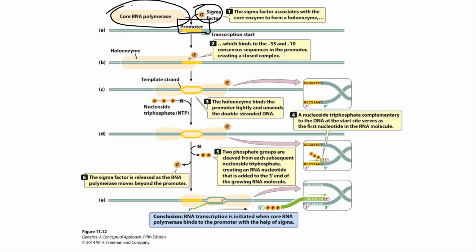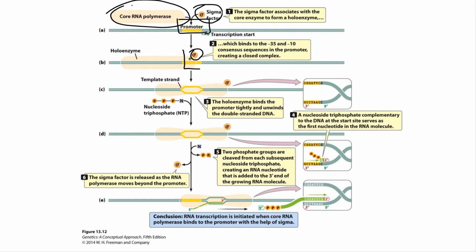Upon binding those consensus sequences in the promoter, the holoenzyme enables tight binding and proper positioning. This proper positioning is directed by sigma factor. What does it mean, proper positioning? The holoenzyme is positioned so that it starts transcription at the start site, which we label the +1 site.